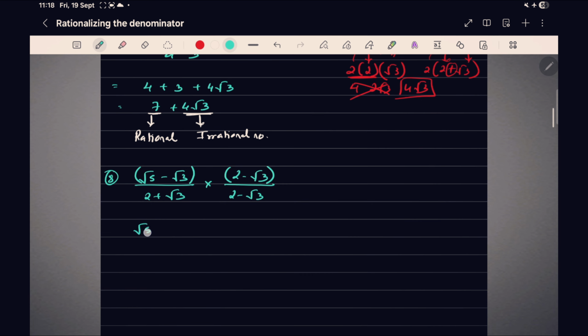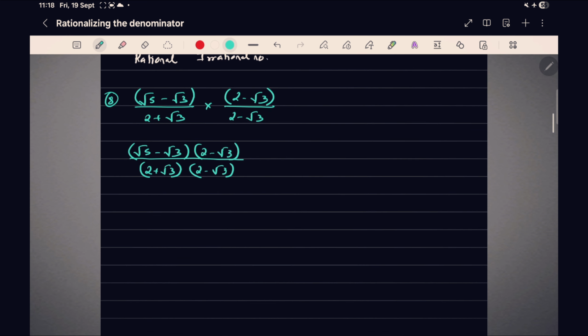So we have root 5 minus root 3 into 2 minus root 3 upon 2 plus root 3 into 2 minus root 3. In the numerator no formula was formed this time. So this is basic bracket multiplication.